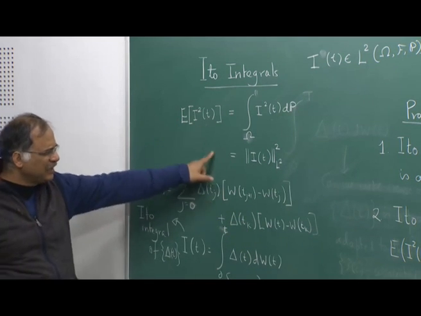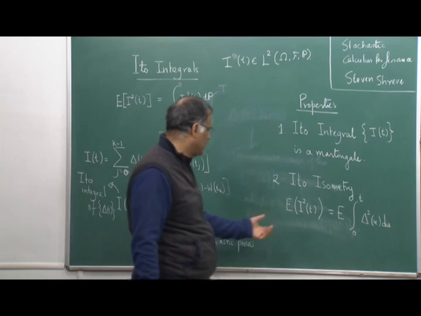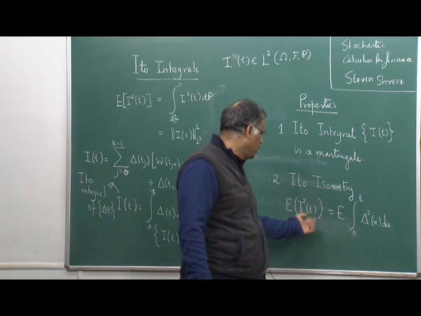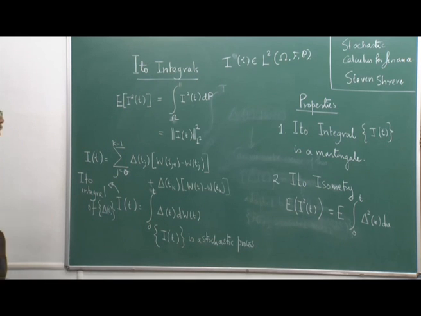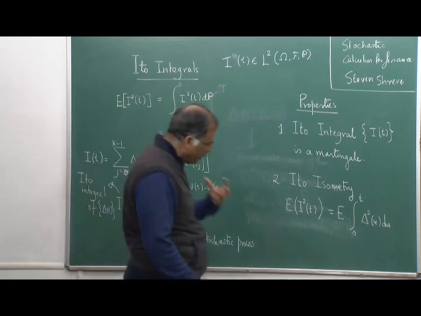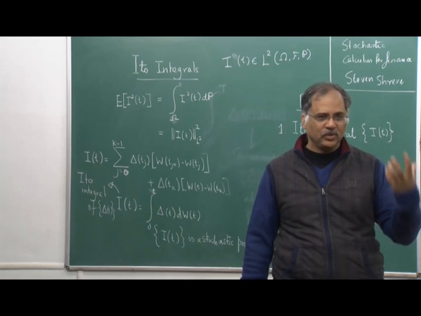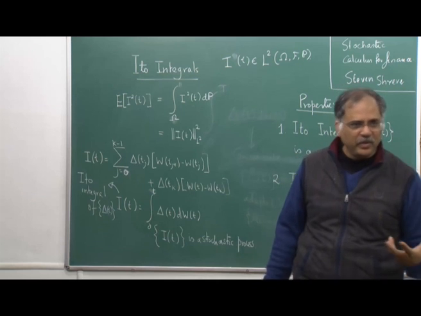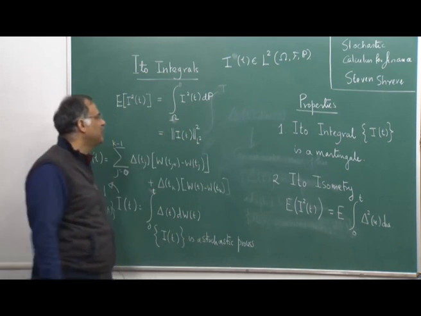So, the Ito integral itself is an element of L2. So, it is in the infinite dimensional space, it is an infinite dimensional object. It is so interesting, things are coming in.